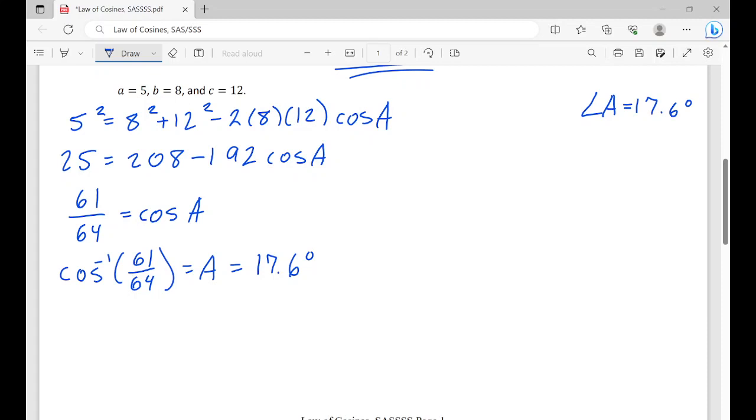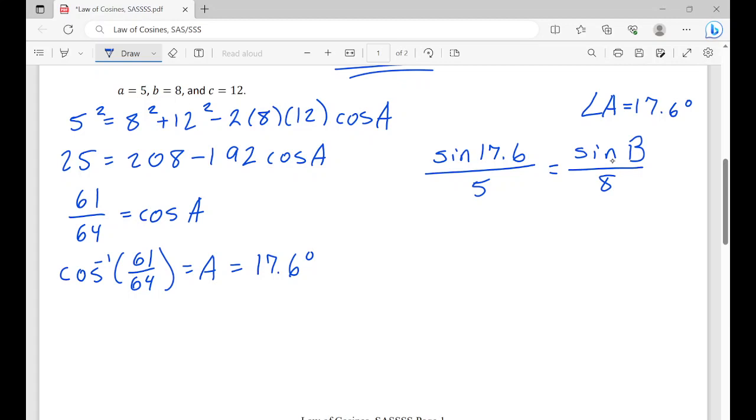Now to find angle B, I'm just going to do the law of sines. So sine of 17.6 over 5 is equal to sine of B over 8.